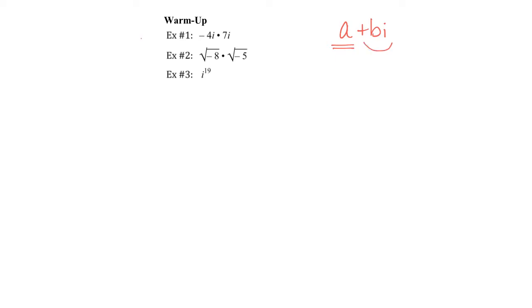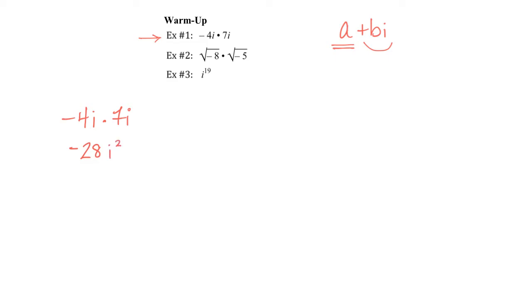So if we're looking at this first example, there is not a real component. When you multiply negative 4i times 7i, you're going to multiply the coefficients. So negative 4 times 7 gives me negative 28. And i times i is going to give me i squared.